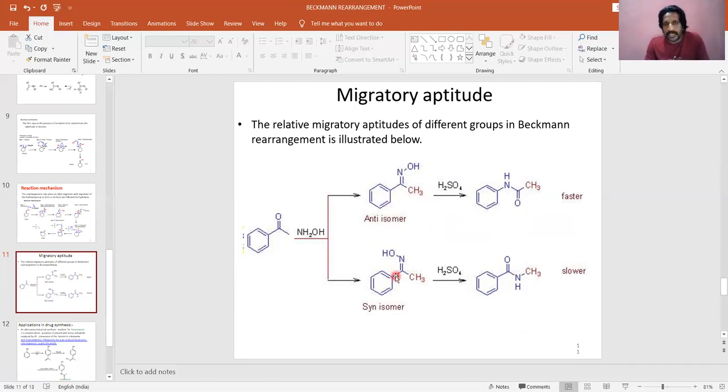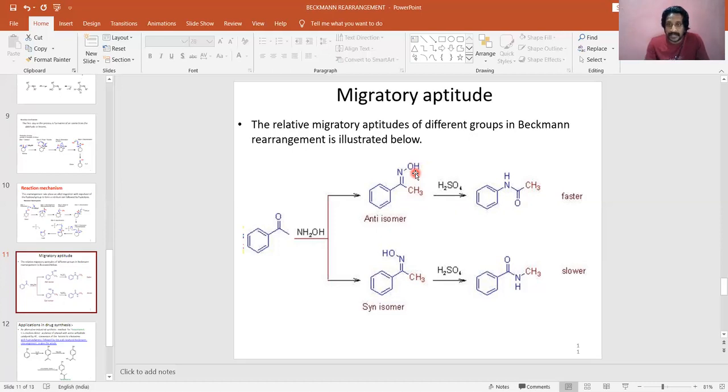Usually you have to understand that an oxime means R, C, R dash, double bond, N, OH. Normally, imagine that H is present instead of CH3, a hydrogen atom instead of CH3. If H and OH are on the same side of the double bond, we call it a syn isomer, according to the conventions of geometrical isomerism and stereochemistry.